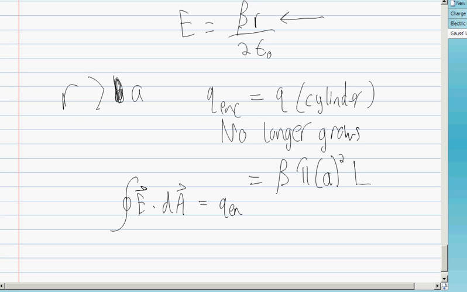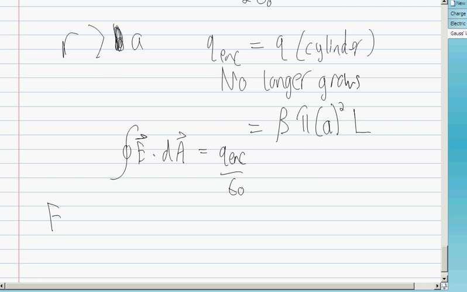It's Q enclosed over epsilon naught. Again, E is uniform over the Gaussian surface.